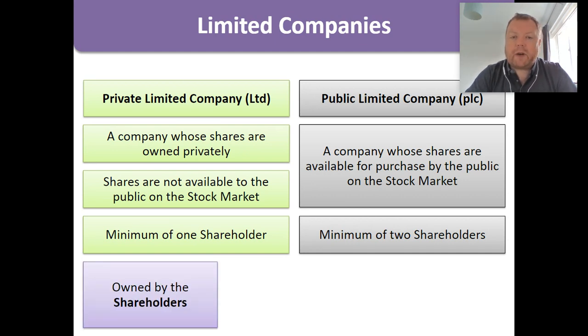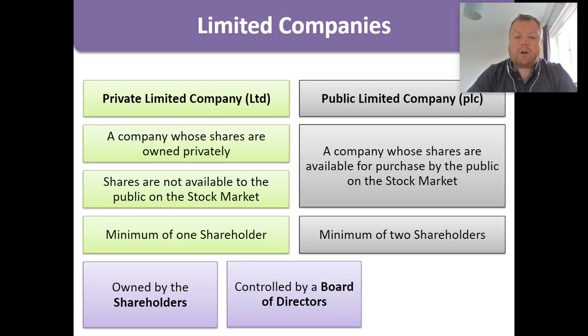Limited companies, both private and public, are owned by the shareholders, the people who own shares in the business. They are controlled by a board of directors, so people appoint the board. And that's because you could have, even in a private limited company, hundreds of people having shares in that business. And you can't have hundreds of people all making decisions.